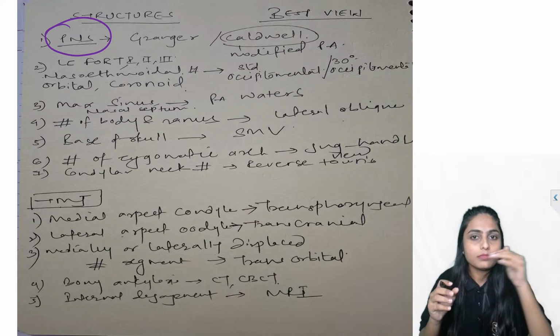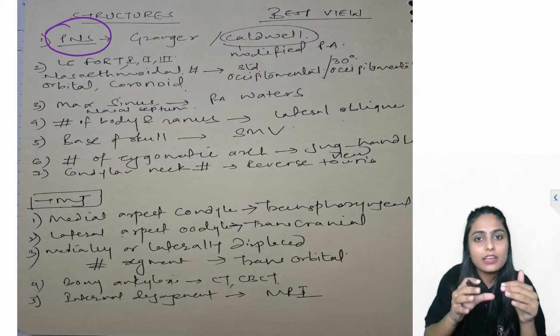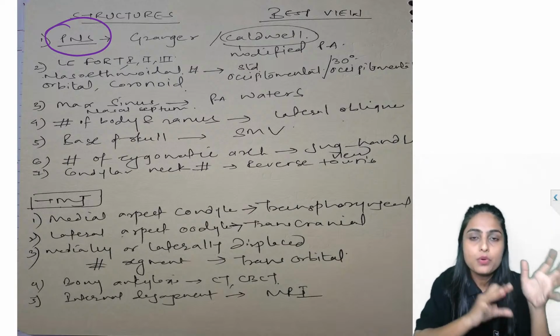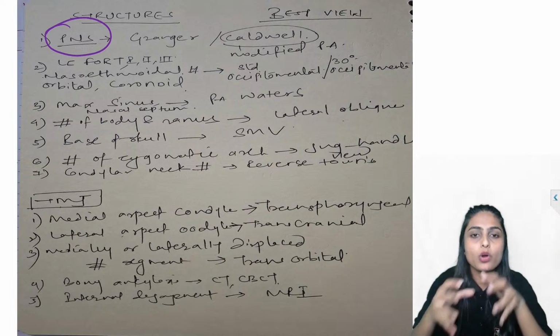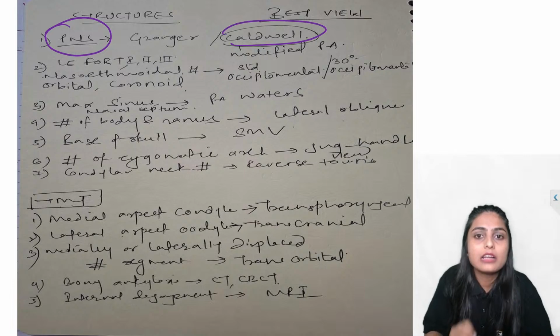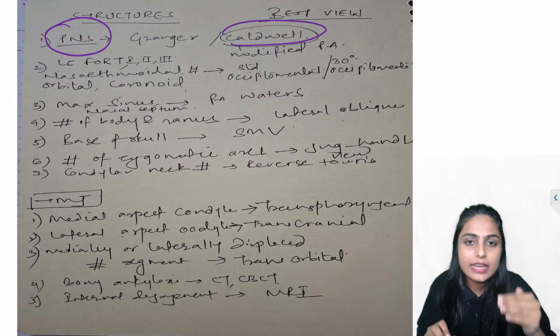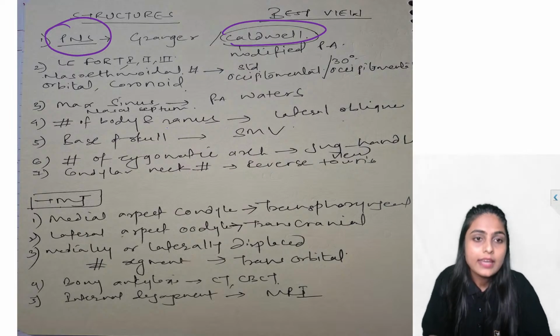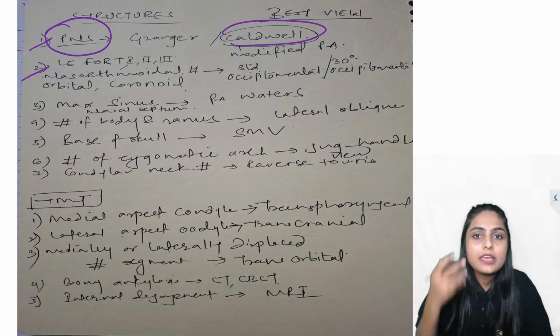The Granger view was the old view. Now the Granger has been modified into the modified PA, which is also called the Caldwell view. So for paranasal sinuses, you take the Caldwell projection.